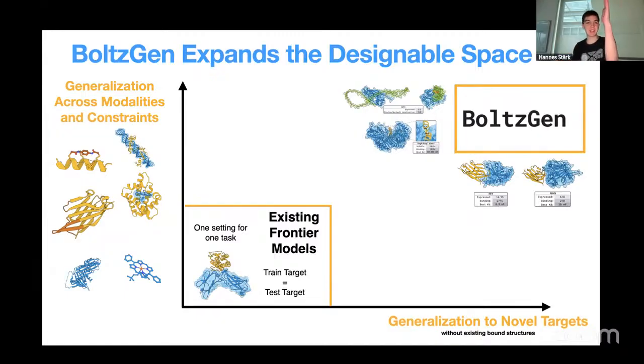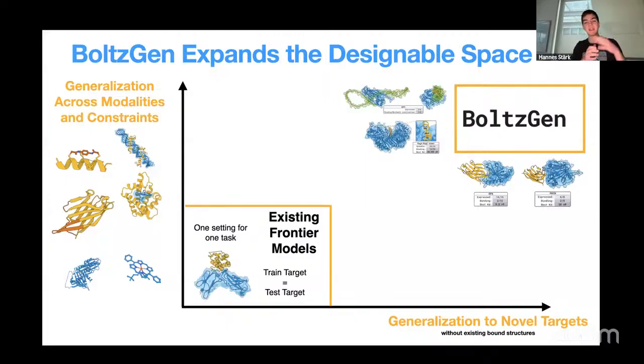First, on this vertical axis, so to say, we want to have one model that can design nanobodies, proteins, peptides, all different types of biomolecules, and then also target all different types of biomolecules, like a small molecule, DNA, a protein, maybe disordered regions in a protein.